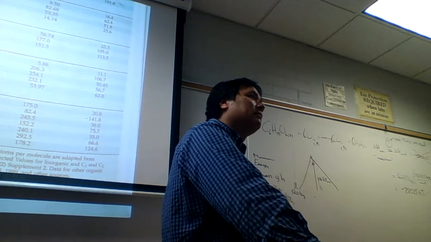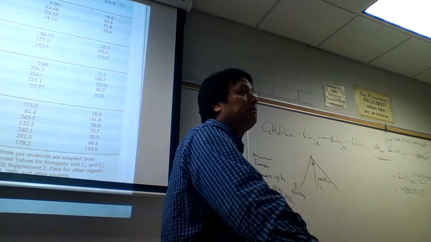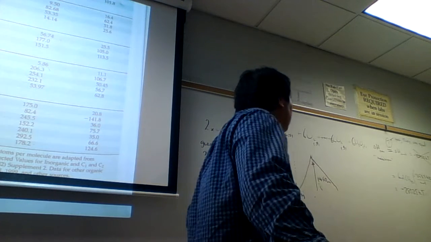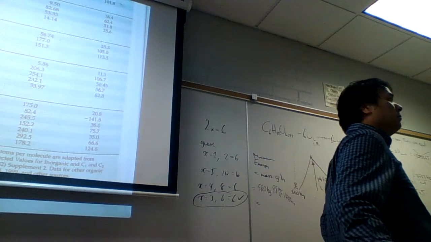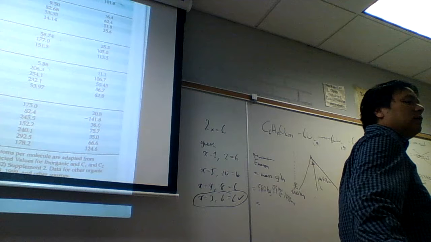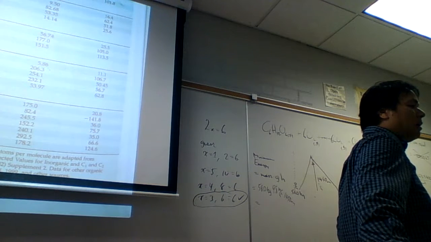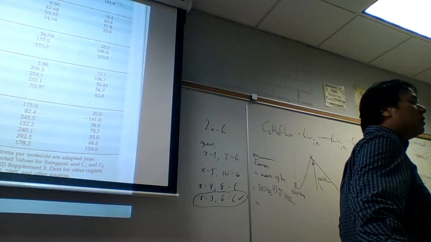The same? How come I'd get the same amount of energy? There's no work done? How can you tell there's no work done? Zero. Oh, yeah, you're absolutely right. There's no work done at constant volume.